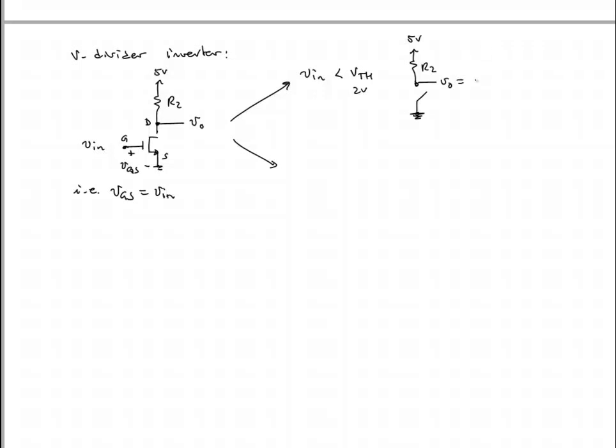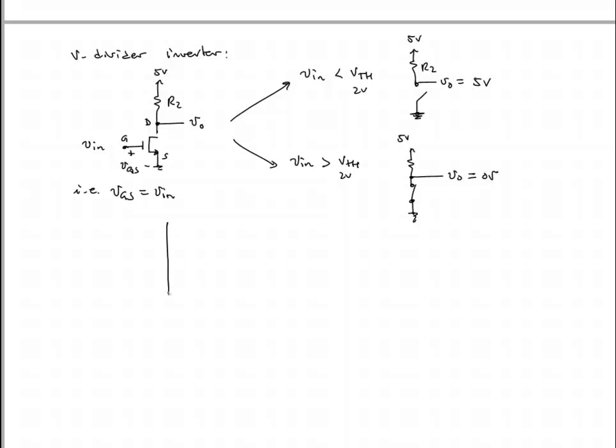So it's really infinite over infinite times 5 volts, so we get 5 volts. If V in is greater than V threshold, in other words, greater than 2 volts, then we have a short. And that is precisely what we want to have happen for an inverter.